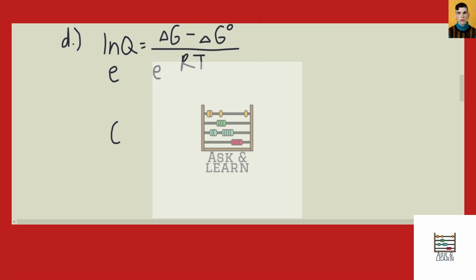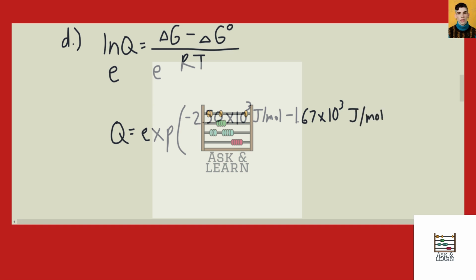And so when we do that, we see that Q equals e to the power of delta G at non-standard conditions, which is given as negative 2.50 kilojoules per mole, but we need to convert this into joules per mole by multiplying by 1,000, so that when we subtract delta G at standard conditions from part A, which again is 1.67 times 10 to the third, we can subtract that same unit of joules per mole.